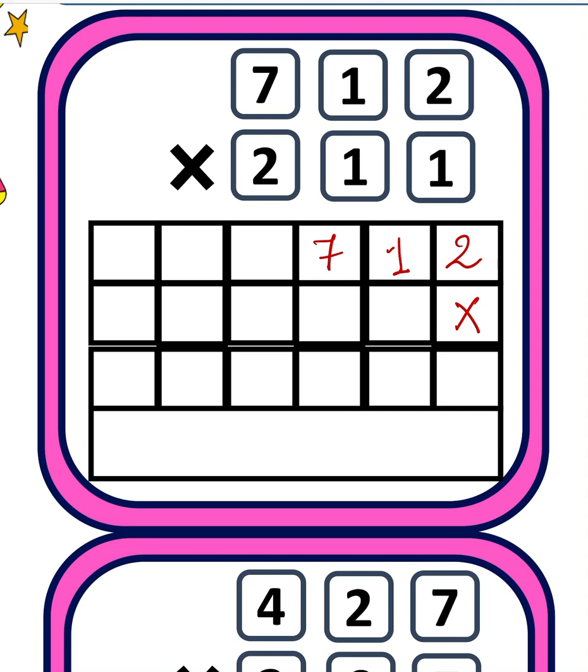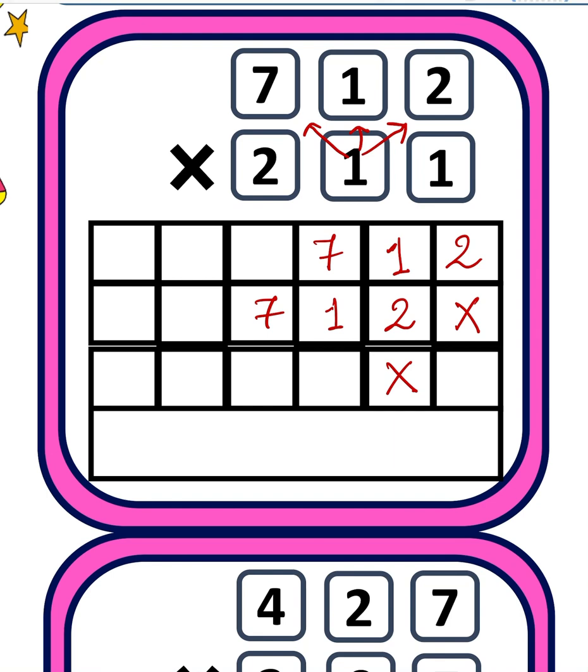Next, the same thing: we multiply this 1 with this term, then this term, and then this term. So 1 into 2 is equal to 2, then 1 into 1 is equal to 1, and then 1 into 7 is equal to 7. While you are doing this calculation, students, there is no carry, that's why it is that much easy.